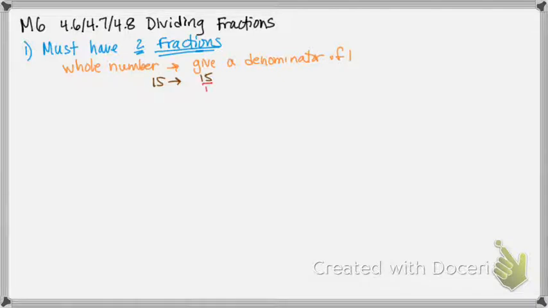The other option would be if we had a mixed number. What's interesting with mixed numbers is we involve all of the numbers. So we're going to convert to an improper fraction.